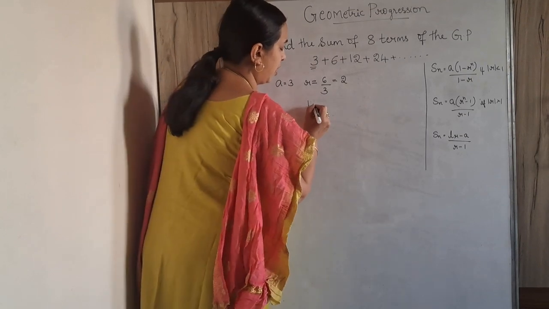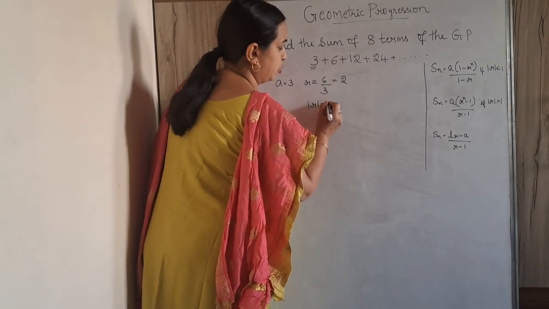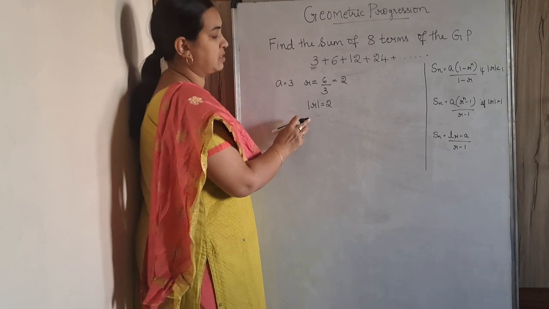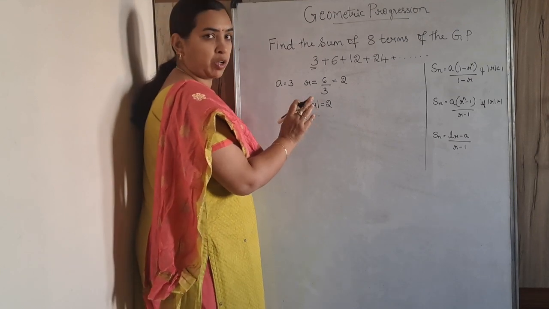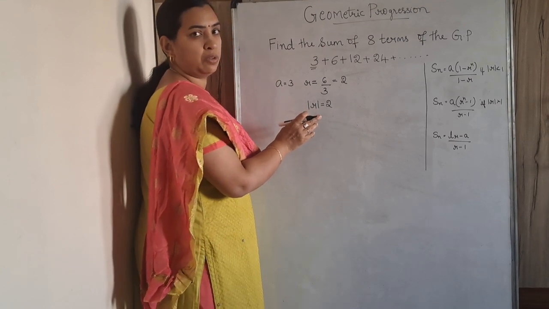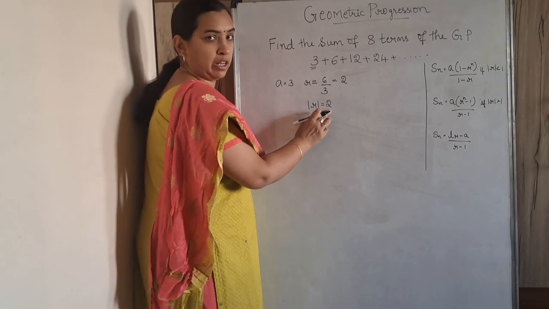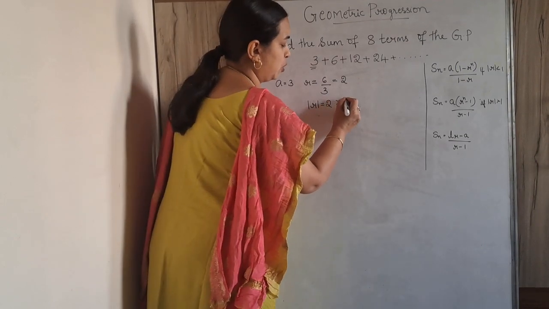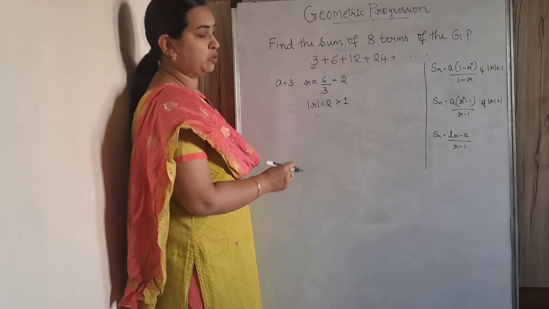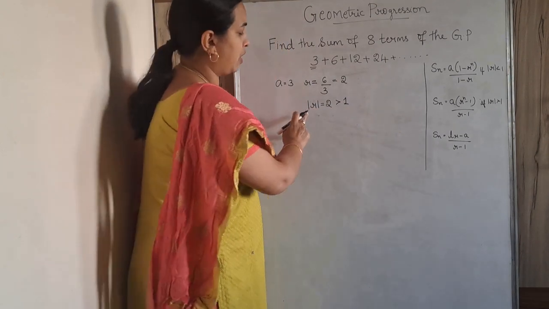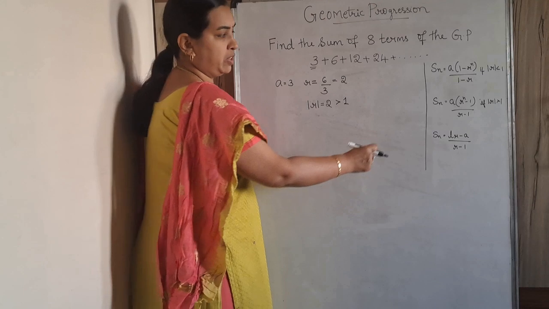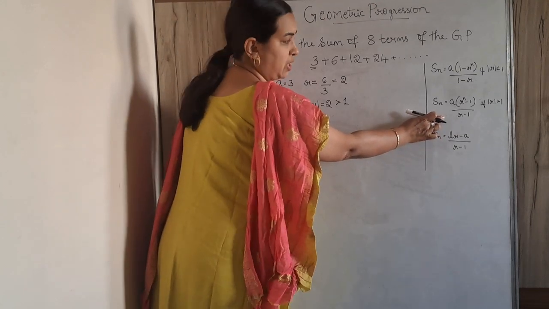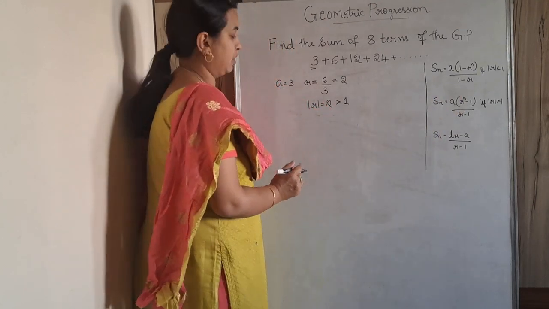So mod R is equal to 2. How to find mod R? If there is a negative sign, you just need to ignore that and write down the value. Here it is 2 and it is greater than 1. So mod R is greater than 1.